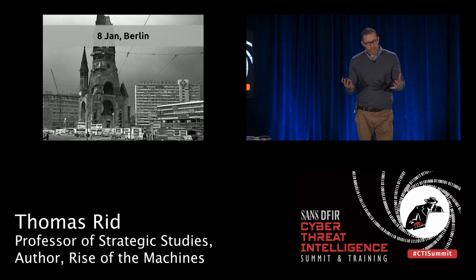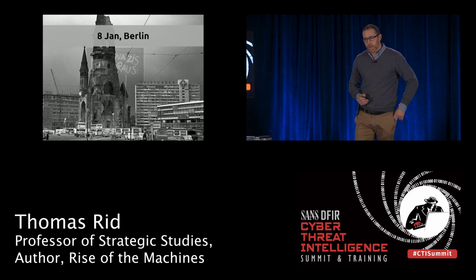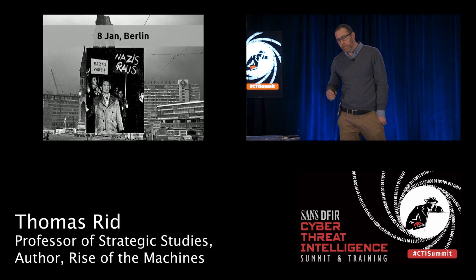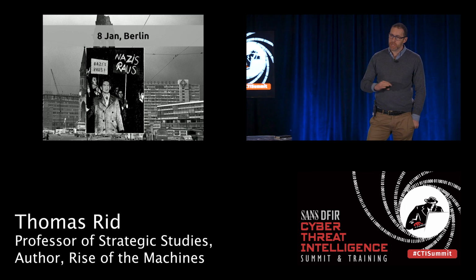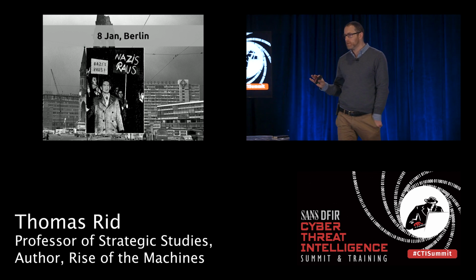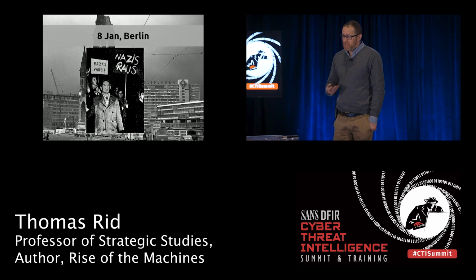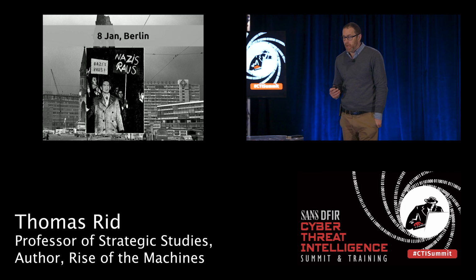And of course, the reaction was intense. In Berlin, on January 8th, at the height of the campaign, you had a demonstration of approximately 40,000 people taking to the streets, demonstrating against neo-Nazi tendencies, against anti-Semitism in Germany.